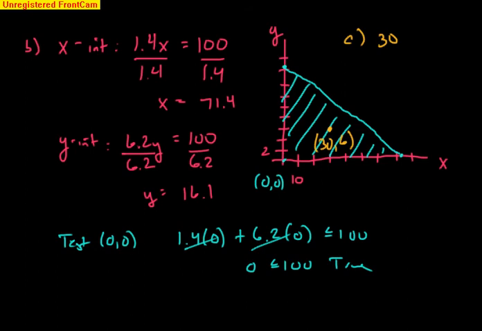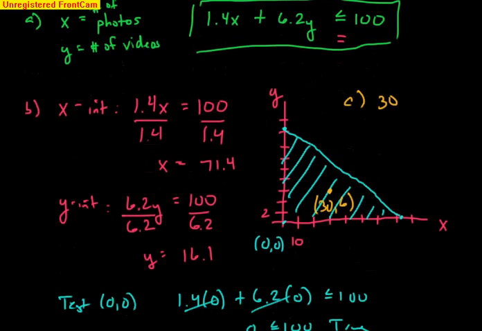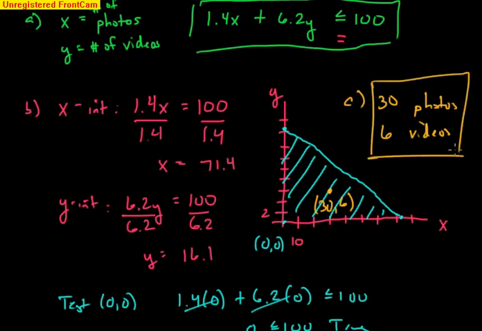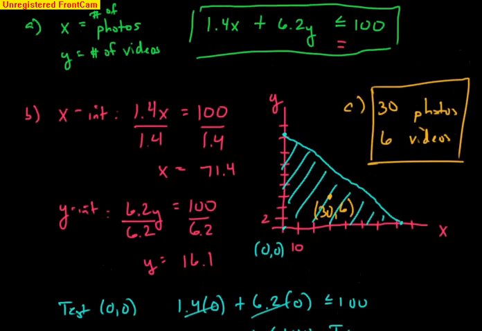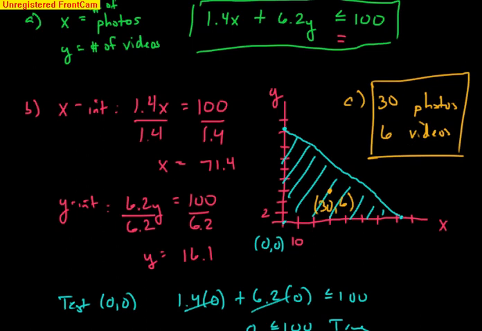And then I just add my units. So 30 is x. X is the number of photos. So 30 photos and 6 videos. And there's an example of a solution to this problem. So there's the inequality, the graph, and a possible solution. Not the only solution, but one possible one.